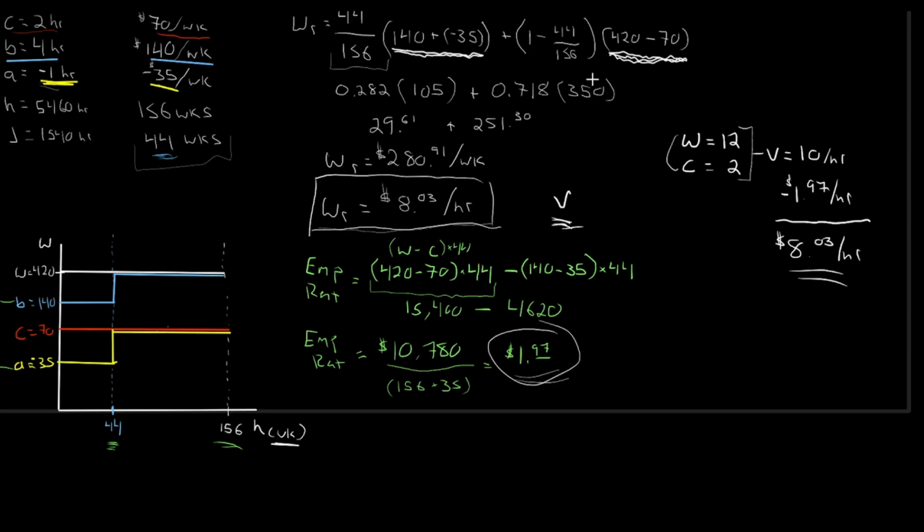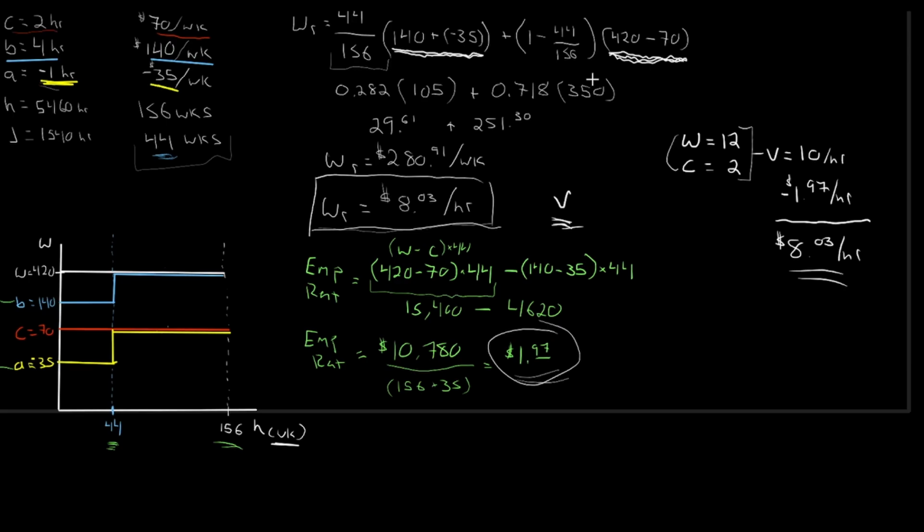That gives us the minimum wage we would reserve before we're indifferent between entering the labor force or not. That's all the reservation wage is. So reservation wage plus our employment rent would be our wage after cost, or wage after cost minus our employment rent would be our reservation wage.